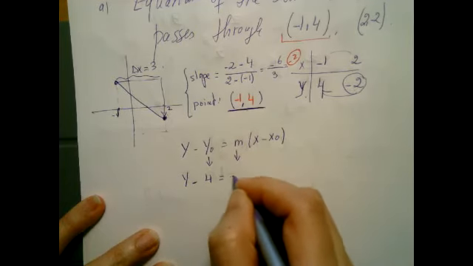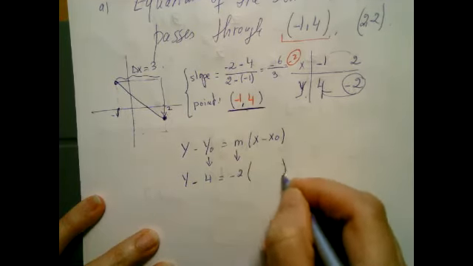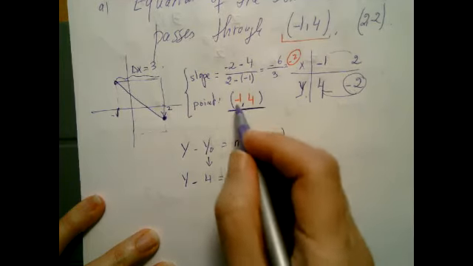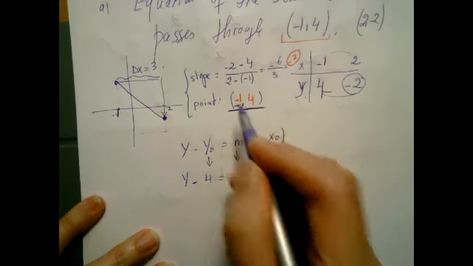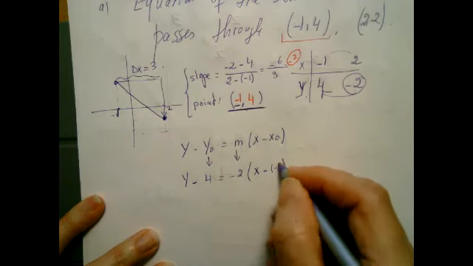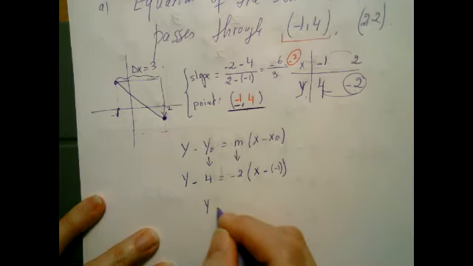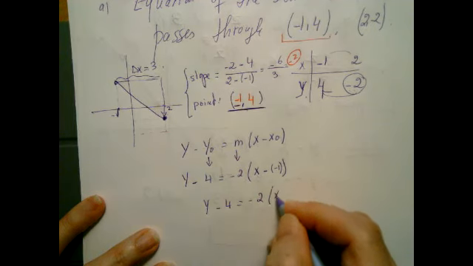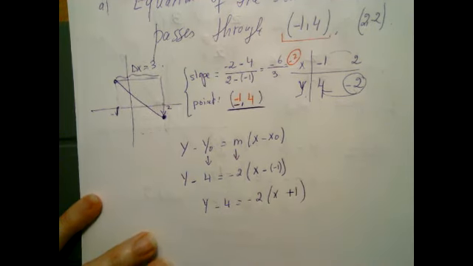This is my slope. And this is my x. And this is x0, but be very careful. My point has x equal to negative 1. So this would give me y minus 4 is minus 2 times x plus 1.